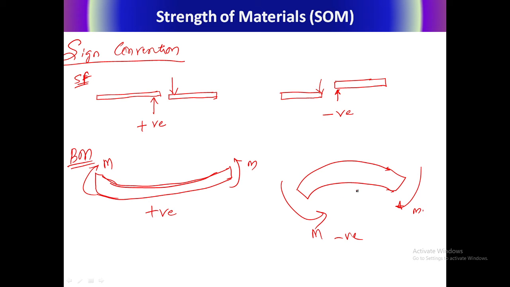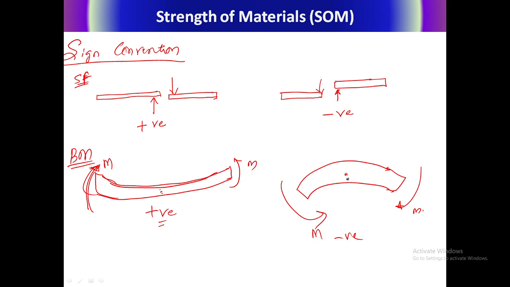The bending moment is positive if it tries to sag the beam. If the left portion of the beam is considered, the positive moment works out to be clockwise. Let us take a point here. Now in this case, the left side moment is shown as anti-clockwise.